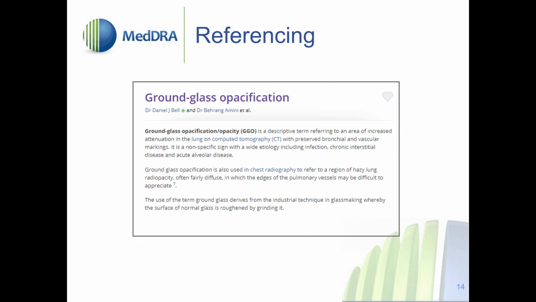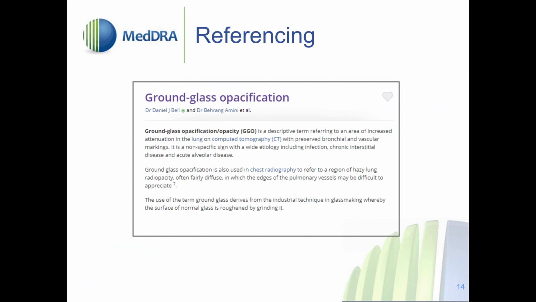We looked further on the web and found a reference which said ground glass opacification or opacity is a descriptive term referring to an area of increased attenuation in the lung on computed tomography, or CT. But the second paragraph says it can also be used in chest radiography, so chest x-ray.